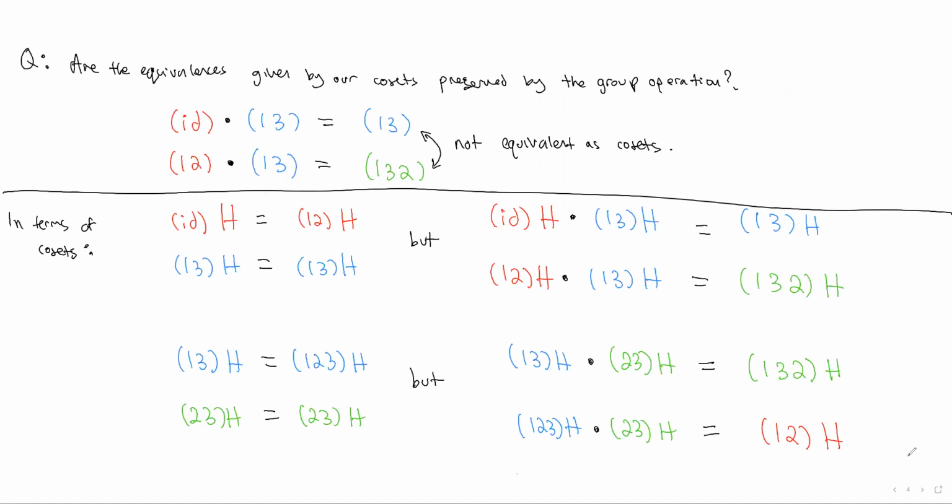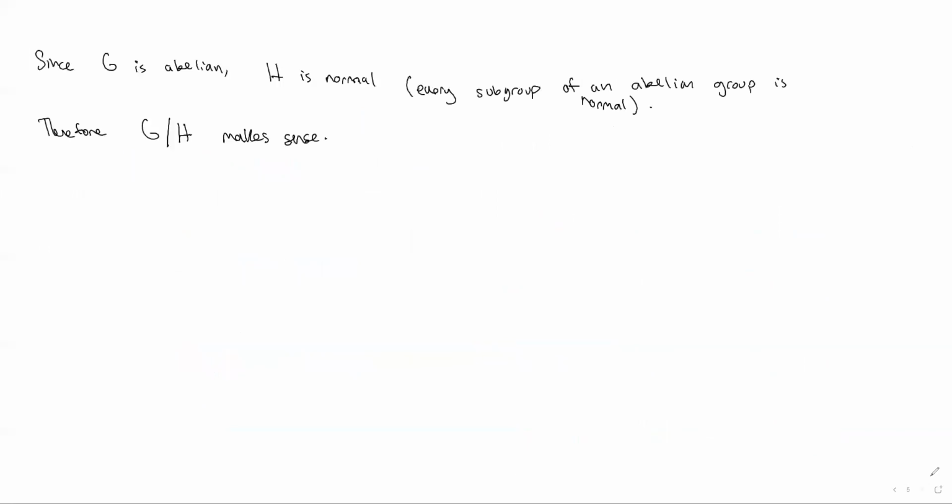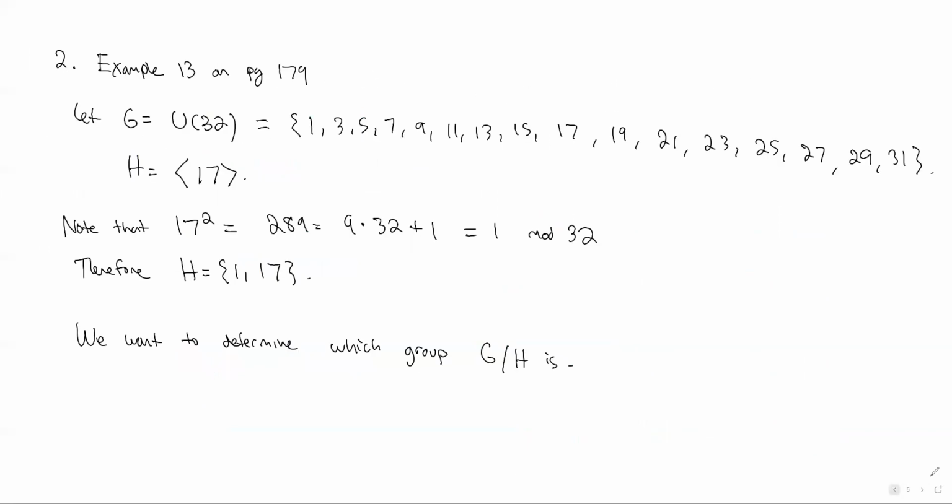The issue that we saw with our example, where you don't get a group structure on the cosets, only happens when H is not normal. It precisely happens when H is not normal. The H we took before wasn't normal. If it is normal, that won't happen, and that's the case in any abelian group.